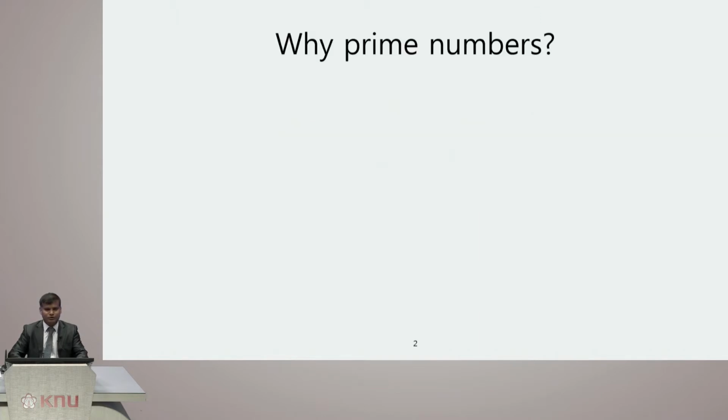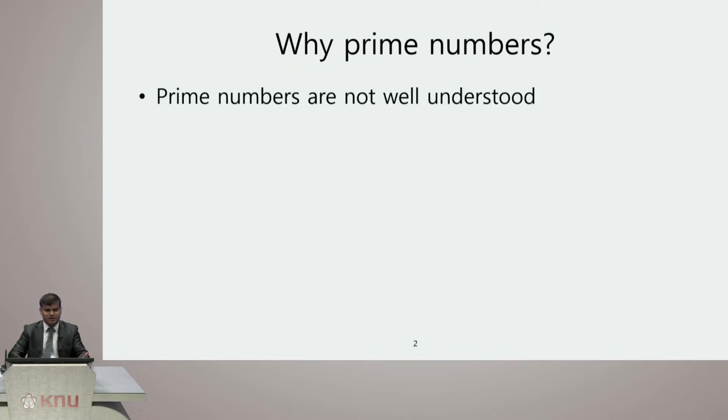When it comes to the prime number itself, why do we go for prime numbers? Well, prime numbers have been studied by mathematical researchers, the mathematicians. They have been working on prime numbers for a long time, and still prime numbers are not well understood. There is still open research that deals with the complexity of prime numbers.